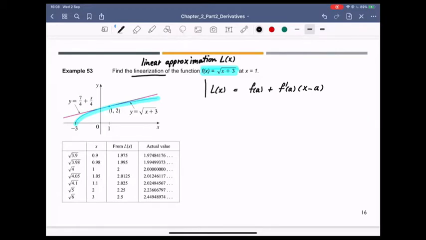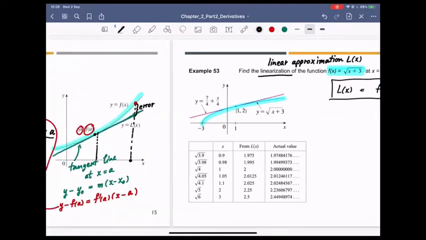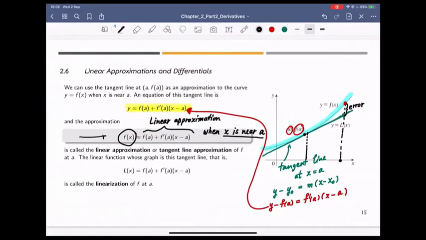Well, this equation I got from the one that I boxed in gray now, right? But I just named it L(x). So this is my linearization or linear approximation of f at a. So it's going to be f(a) plus f prime of a times x minus a.